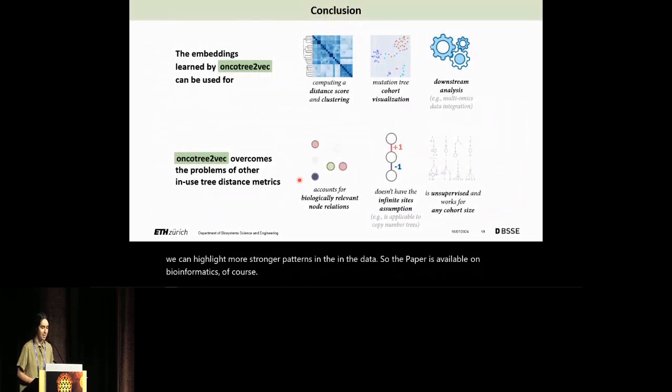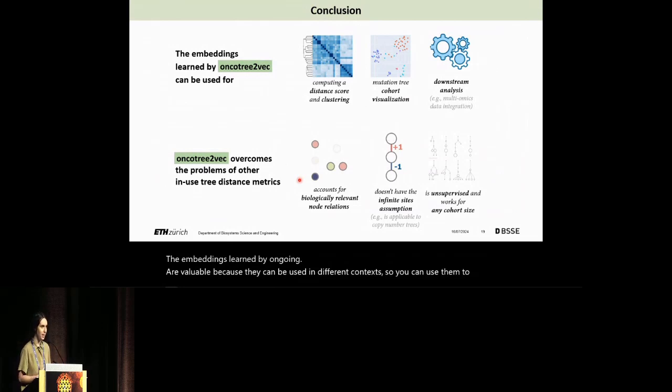And in conclusion, the embeddings learned by oncotree2vec are valuable because they can be used in different contexts. So you can use them to compute a distance score and use it for clustering.